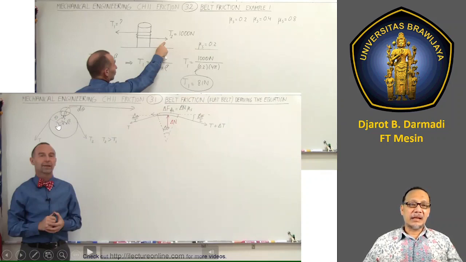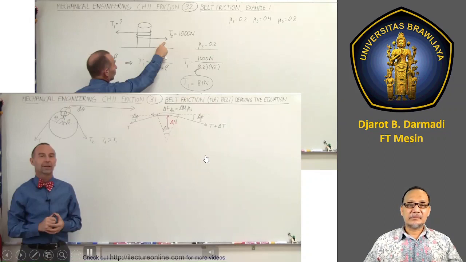Tentu beta adalah sudut sentuh dari belt ya. Baiklah, kita ikuti saja kuliah oleh Michael Van Biesen tersebut ya.